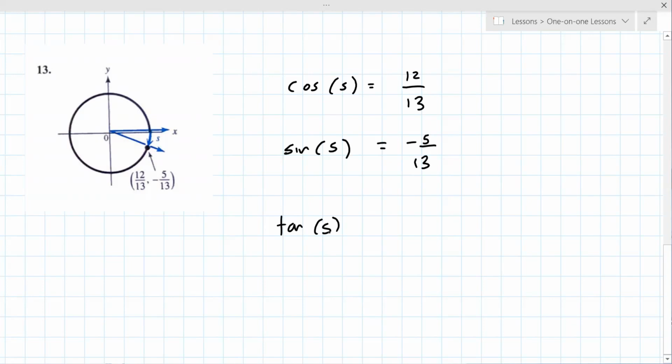Then we got tangent, which is the sine over cosine. So it's -5/13 over 12/13, which is -5/12.